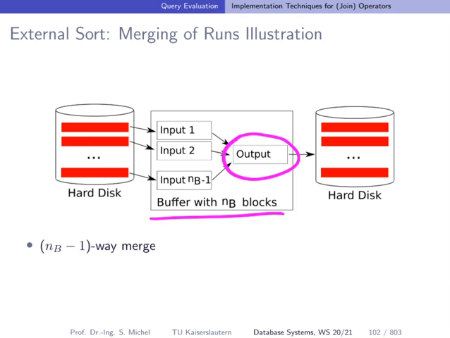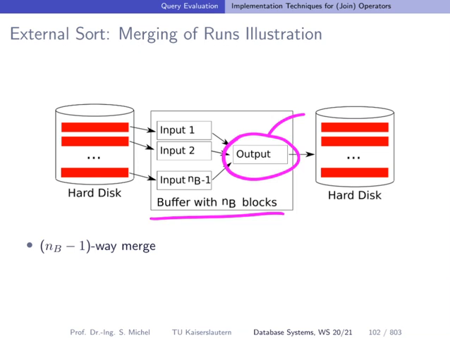And if this output block is full, we append it to a file, our output file, which is in the end the merge of all the runs that we can consume at once. So NB minus 1 runs we can consume at once.